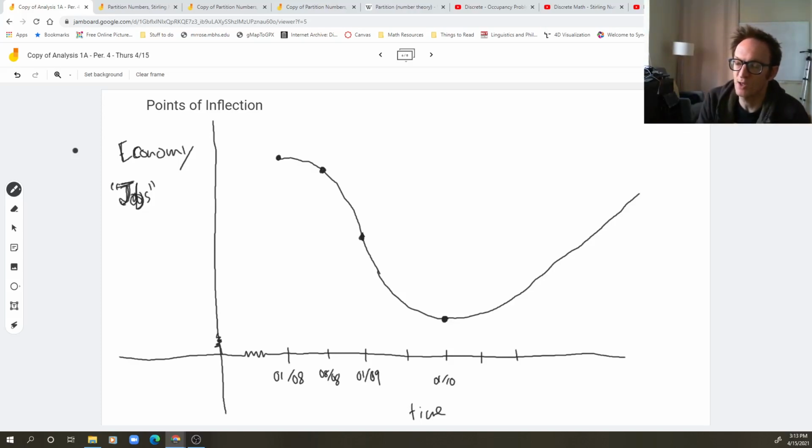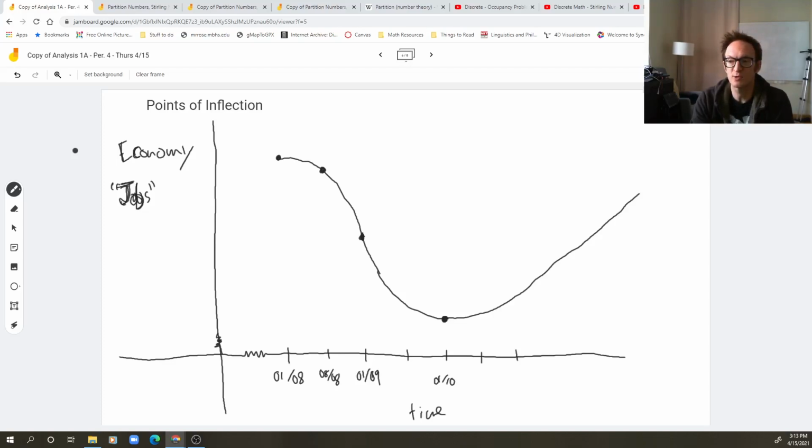And don't worry about the y-axis too much. Here's roughly what the economy was like. People had jobs. There were a lot of jobs. And I can tell you, because I remember this, somewhere in early 2008, the economy started getting bad. And by that I mean people started losing their jobs.